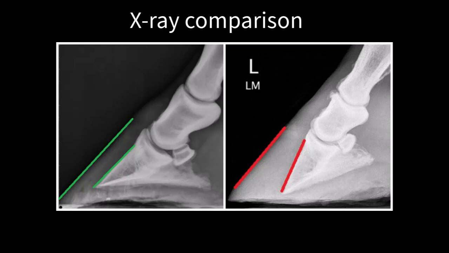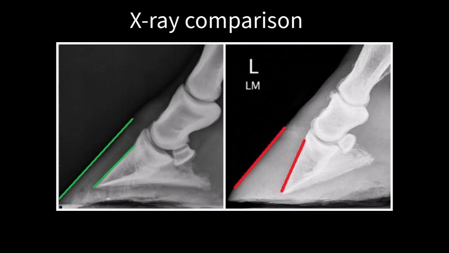Additional improper movement patterns are going to be another factor. If they can't adduct or abduct the hoof properly due to the laminitis, it can also exacerbate the condition. Diagnosing laminitis is done through X-ray.